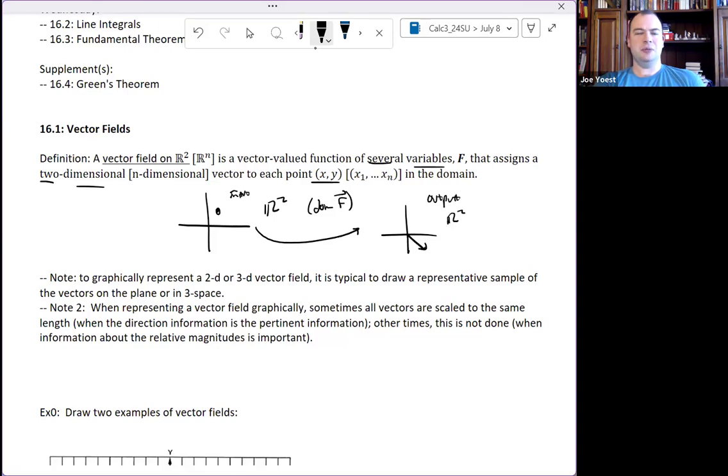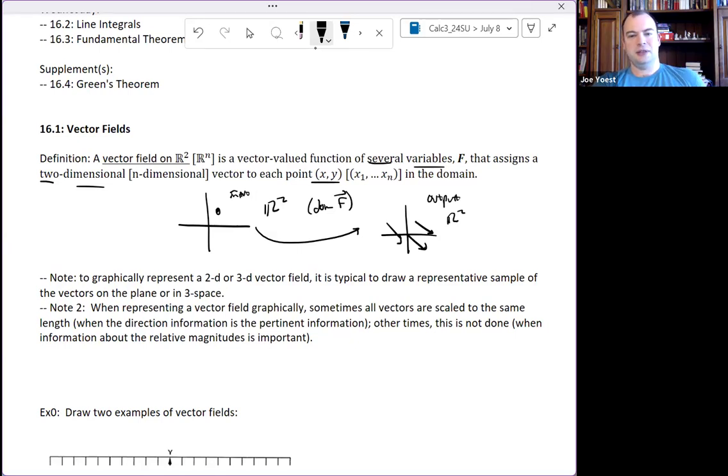So I could think of this point in the input space getting mapped to a vector like this in the output space, but we also know that we can move vectors around. That's one of their main characteristics: they have a length and a magnitude, but not a specific position. So this vector would be the same vector, or even this vector would be the same vector.